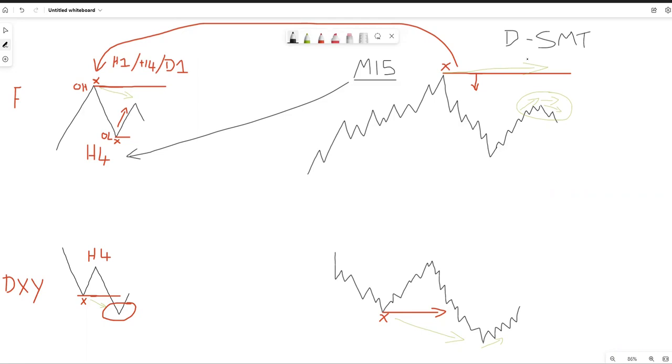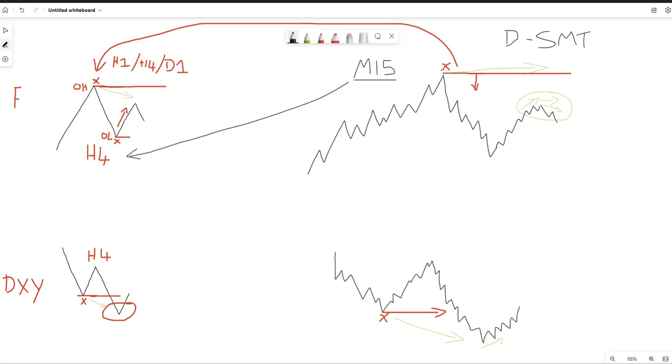Okay, obviously it's still all the time, every time you're looking for SMT. SMT is the confluence. It is not the only reason why you're taking a trade. You're taking a trade based off of PDA. Old high, rejection block, order block, void, mitigation, breaker, equal highs, whatever you're going to find, that's going to be your PDA.